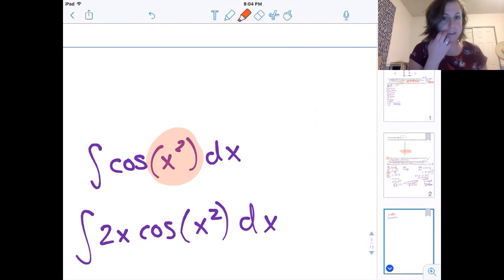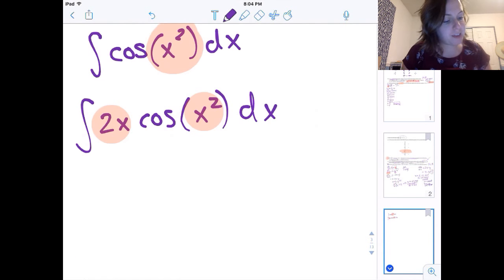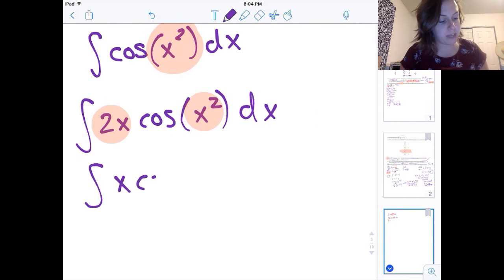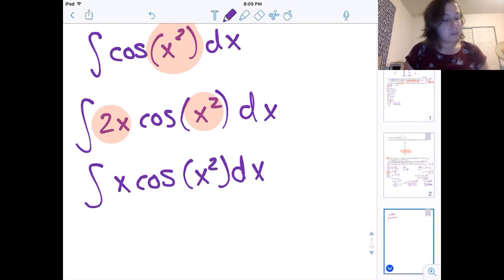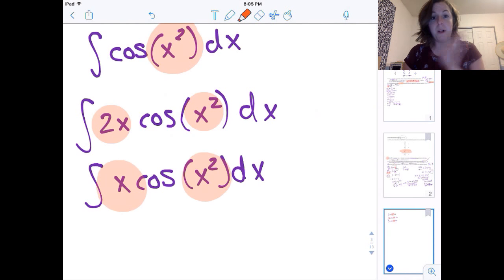And there's x squared. There's the derivative of it. Even if I saw the integral of x cos x squared dx, this is x squared. This is a multiple of its derivative, right? Its derivative is 2x. That's a multiple of it. So that's totally fine. That doesn't bother me, okay? That's how I would know to use U-sub. Again, if you need more help on that, go back to the last live stream.